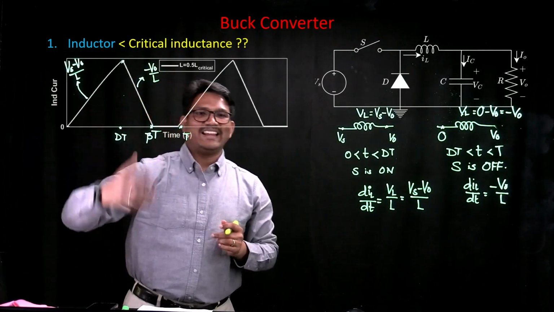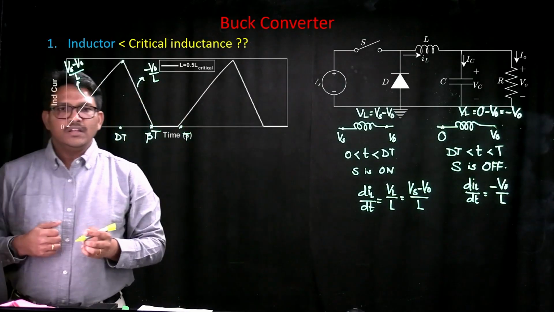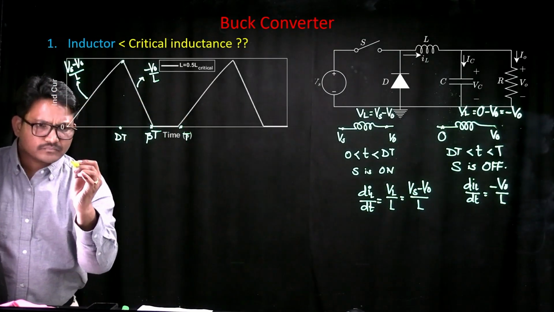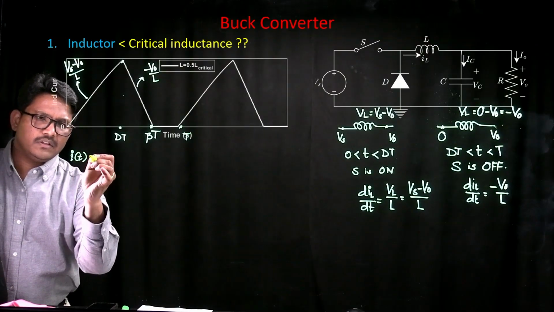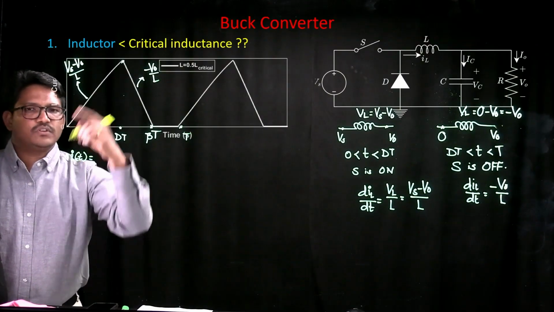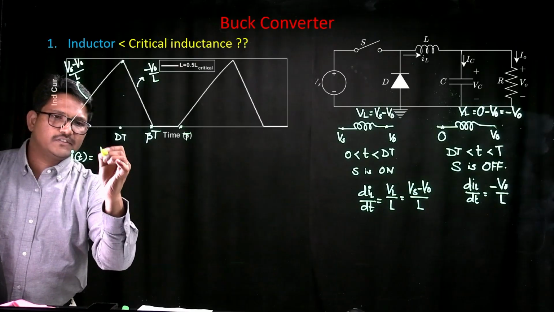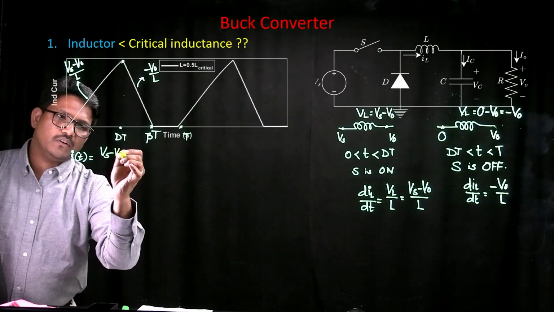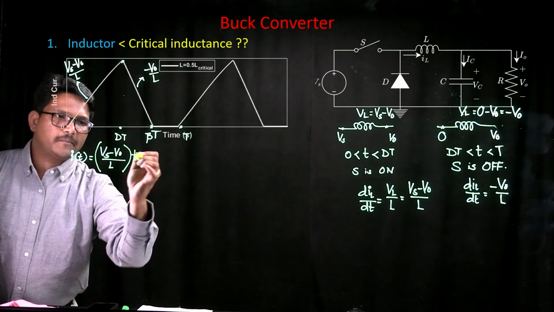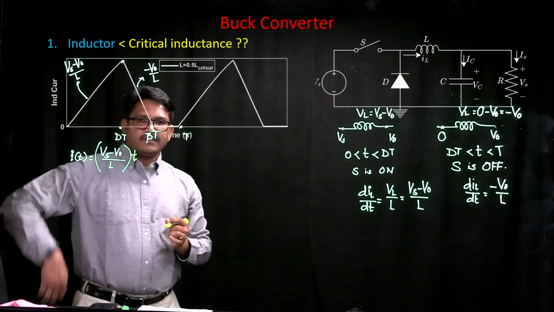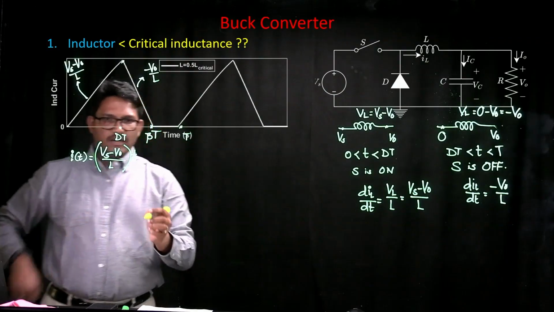Then if you want to get the expression for the current, I of t, it is going to be slope multiplied by time itself. That is Vs minus V0 upon L multiplied by t. That's the current expression during turn on condition.